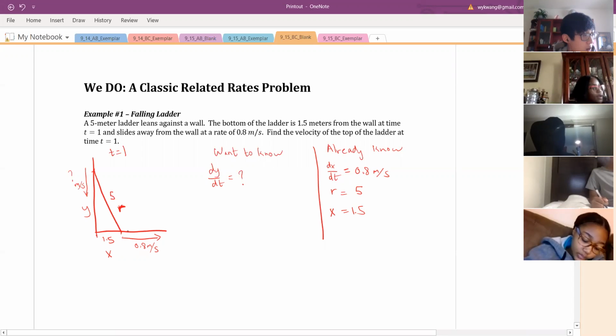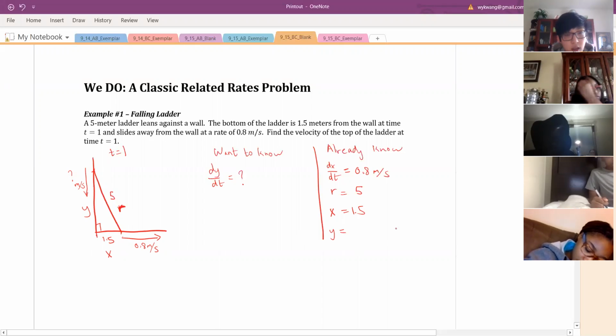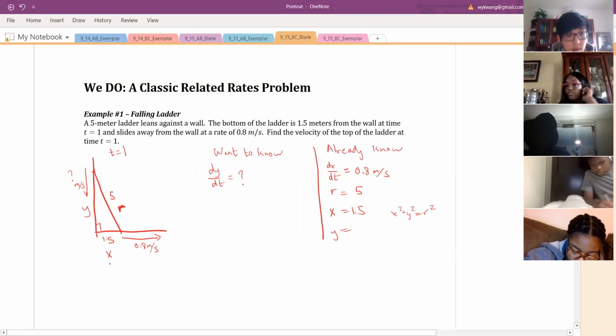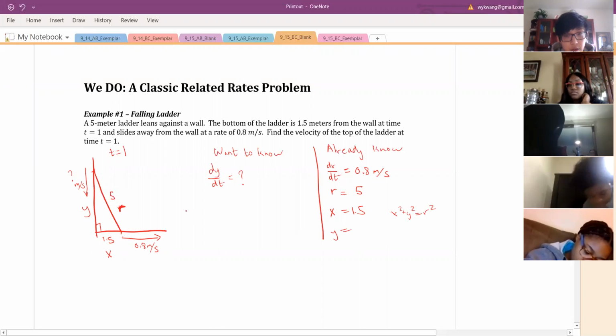One thing I'll say we can also calculate for is, we know that this is a right triangle, right? So we can calculate for y, so that might be helpful. So I'll just quickly show that we can calculate for it. So we know that x squared plus y squared is equal to r squared. This is literally just the Pythagorean theorem, right? Because we have a right triangle. X is 1.5, squared, plus y squared is equal to 5 squared.